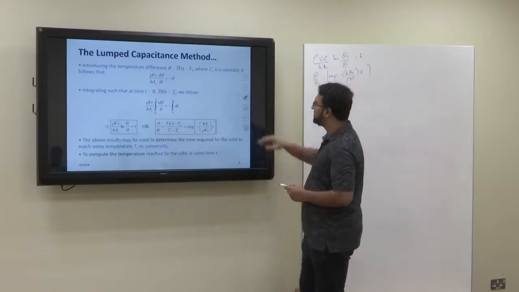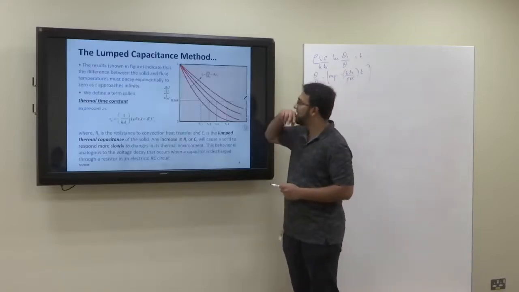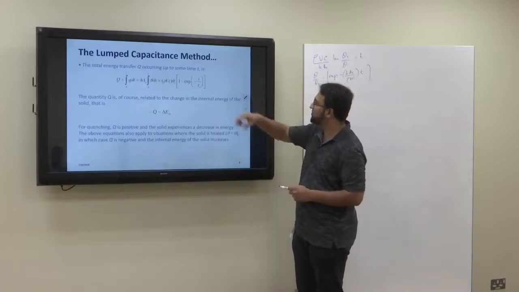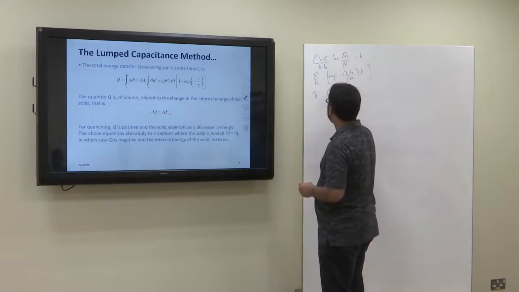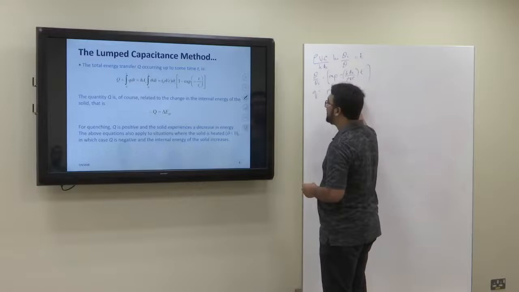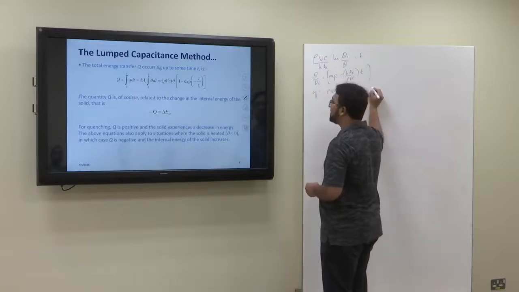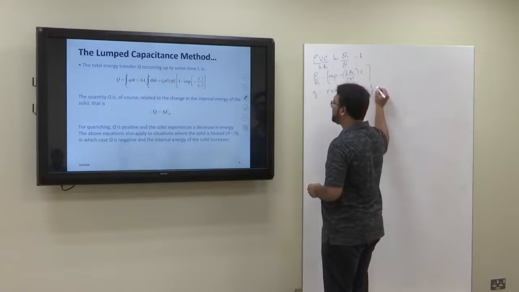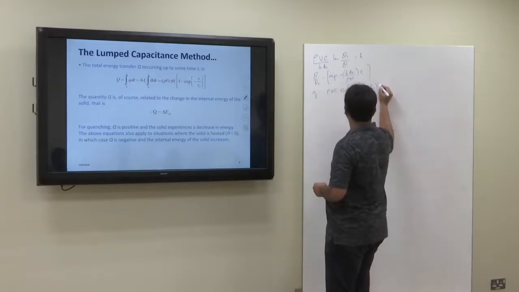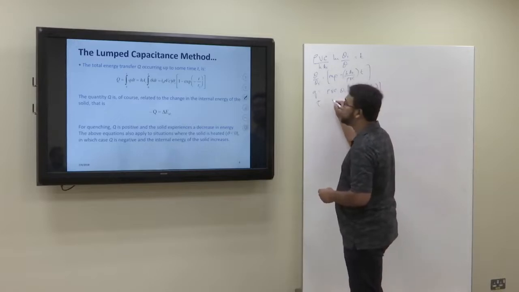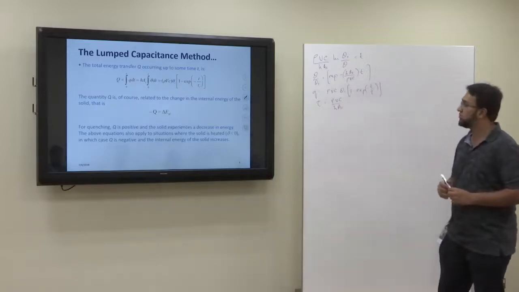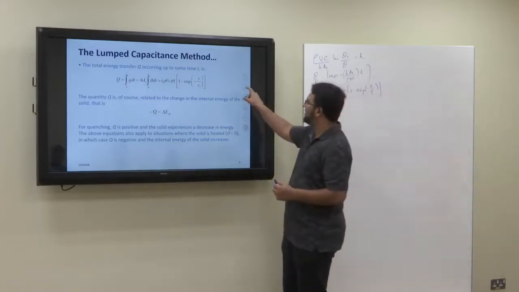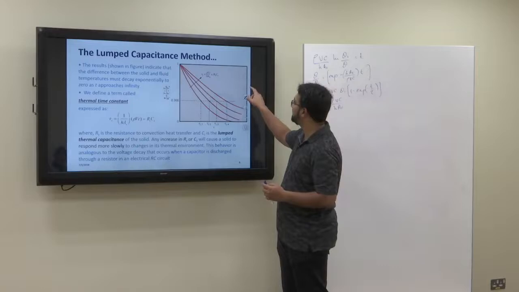After that we also got this equation for Q: Q equals rho Vc theta i into 1 minus exponent negative t upon tau, where tau equals rho Vc upon hAs. So these were the things that we came up with last time.